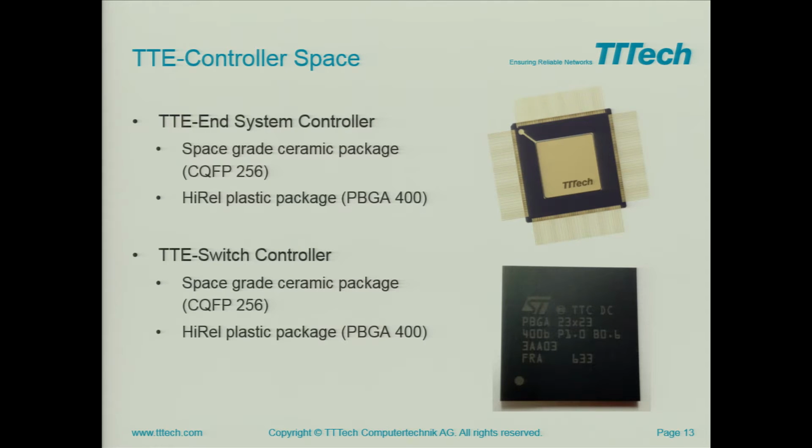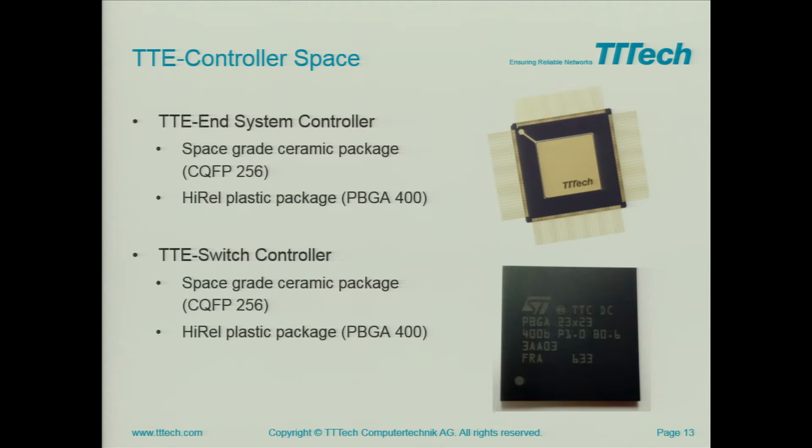So in the past 3 years, we were working on bringing out dedicated highly reliable components for the switch and the end system controller. So this is the digital part of the network protocol. And these are in a ceramic 256 pin package and a plastic 400 pin BGA package.